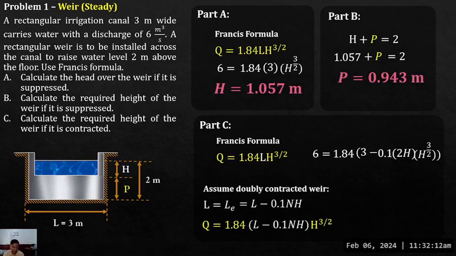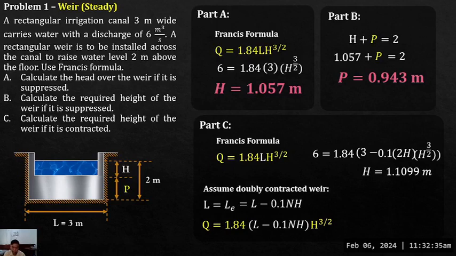Sige, so what is H? So yung H po dyan, that is equal to 1.1099.